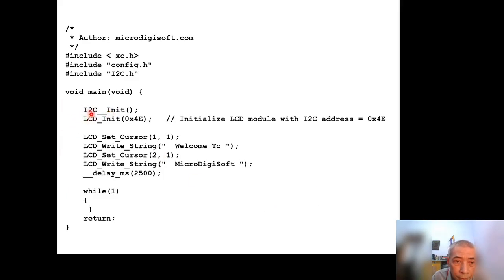This is the I2C init. It's up to the compiler, and then LCD init initializes the LCD module with I2C address 4E, set cursor, write string, set cursor, write string. So this is only for the function.